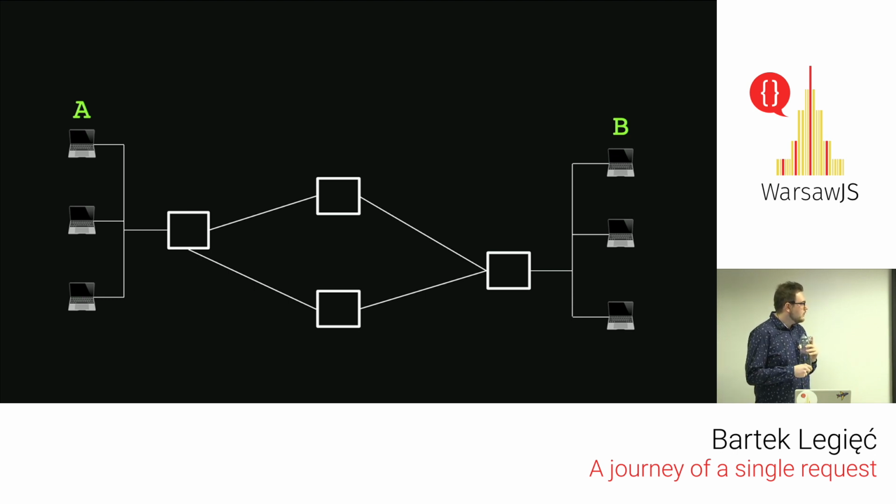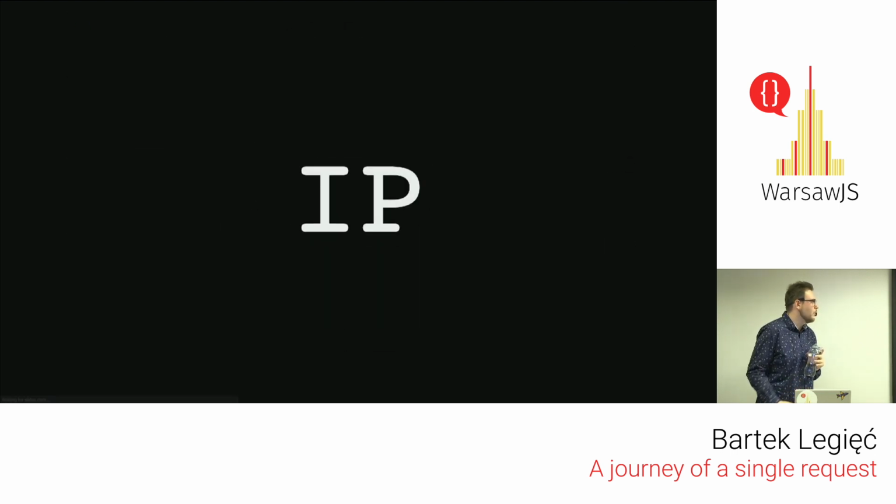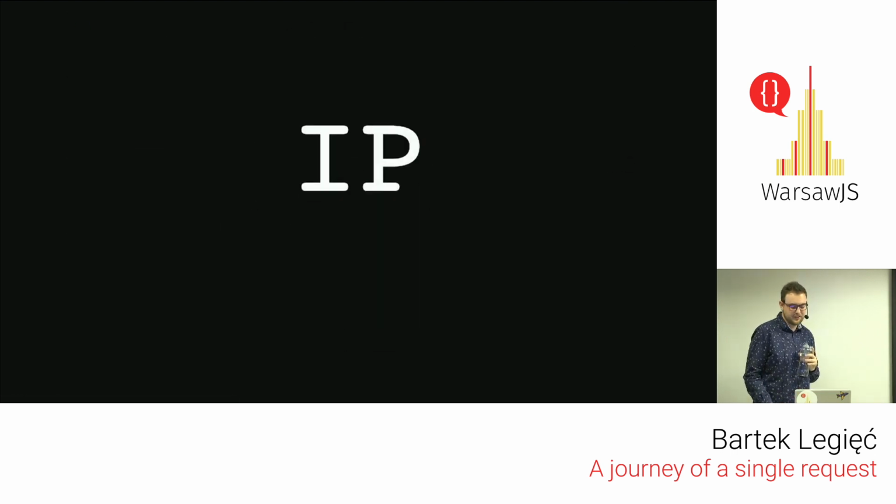If we wanted to send the data from A to B, we would have to know the MAC address of this computer, and probably this and this and this, because we have to know the whole path, because we can send from one MAC address to the other, and there's nothing really magical in between. So that's why the IP was introduced.